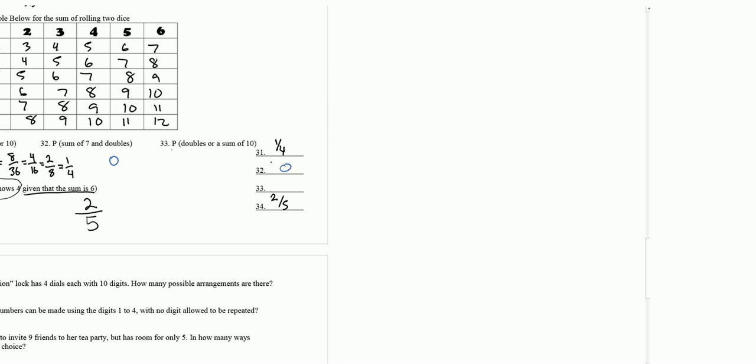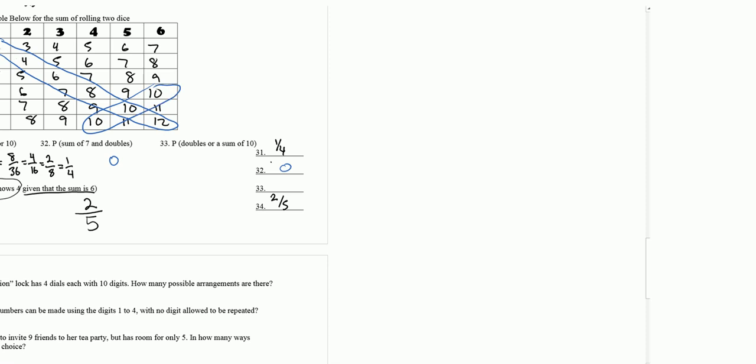And then number 33, probability we get doubles or a sum of 10. So the doubles, we have, I'll circle them. Okay, those are my doubles. And then here are my sums of 10. So I'm going to count how many I have.